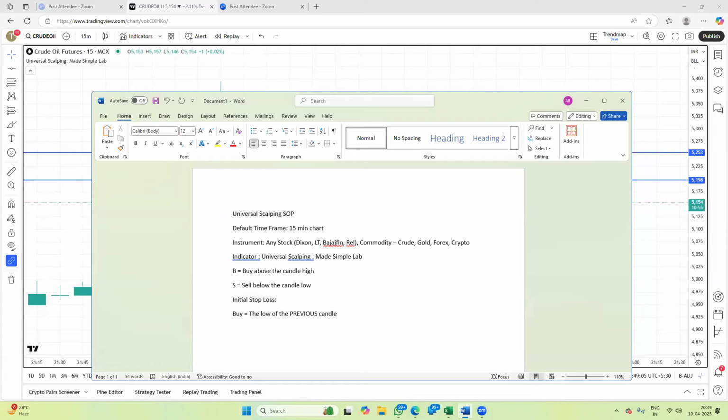This is important: the low of the previous candle, not the candle where the signal comes. Now, you may have a PDF in which it may be written that you have to place the initial stop loss at the same candle where the signal appears. No, you should ignore that and only focus on this. So for the buy, the initial stop loss is the low of the previous candle of the candle where the signal appears.